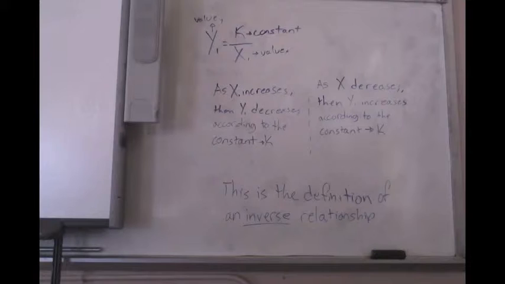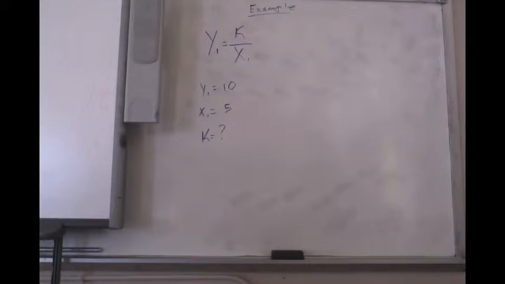But before we get into that, I would want to show you an example of the formula for inversely proportional and how it works. So this example is set up where it's y equals k over x, where y base 1 is 10 and x base 1 is 5. What would the constant be? So the first step would be finding the constant in the first place.